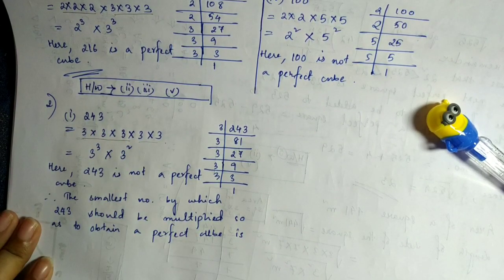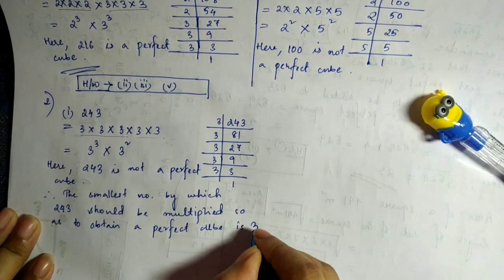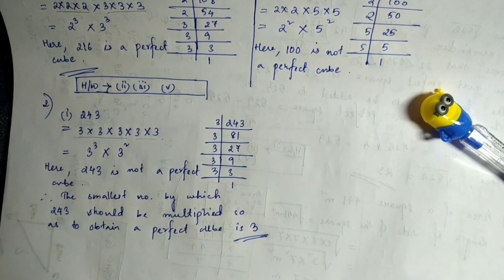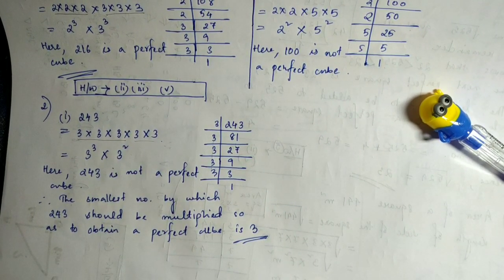If there were another 3, that is multiplied by 3, it becomes 3 cube, then it would have been a perfect cube. So the smallest number that we require to multiply 243 with is 3, then it will become a perfect cube number.